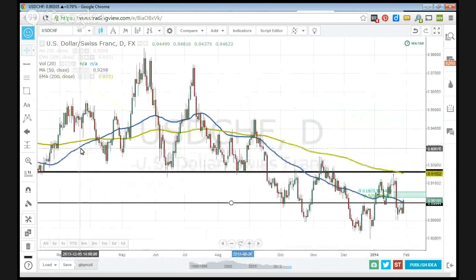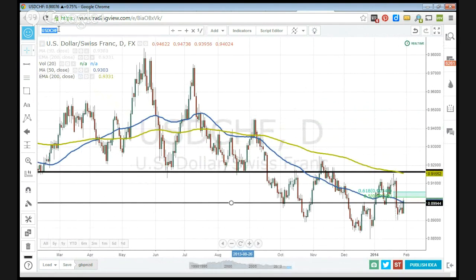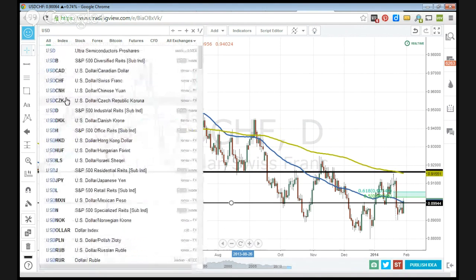I'm still inclined, as this is supposed to mirror or is going to come very close to mirroring Euro US dollar. I like the price action on that much more, and that's saying to wait a little bit. We'll see. But for now, this will be something we come back to tomorrow, not at the end of today's session. That's the dollar Swiss.